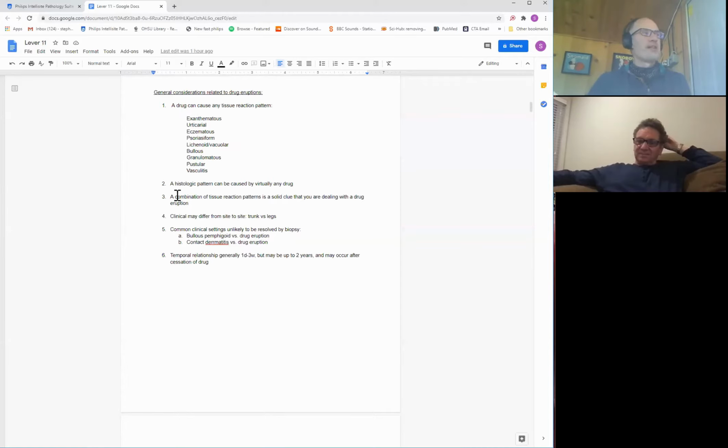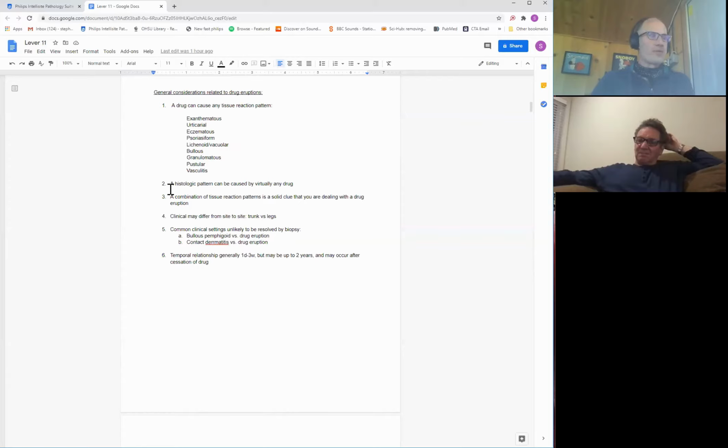Conversely, a histologic pattern that you're seeing down the microscope can be caused by virtually any drug. Our ability to pinpoint specific drugs or rule out a drug eruption is very difficult because of that.